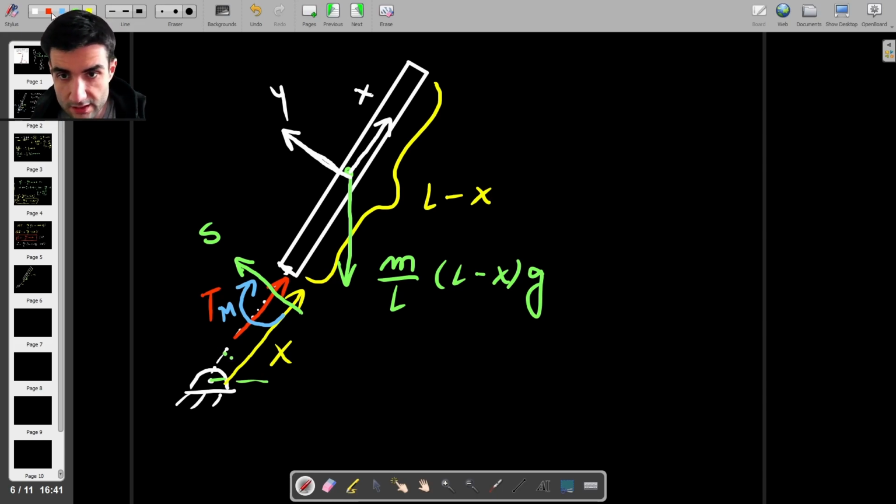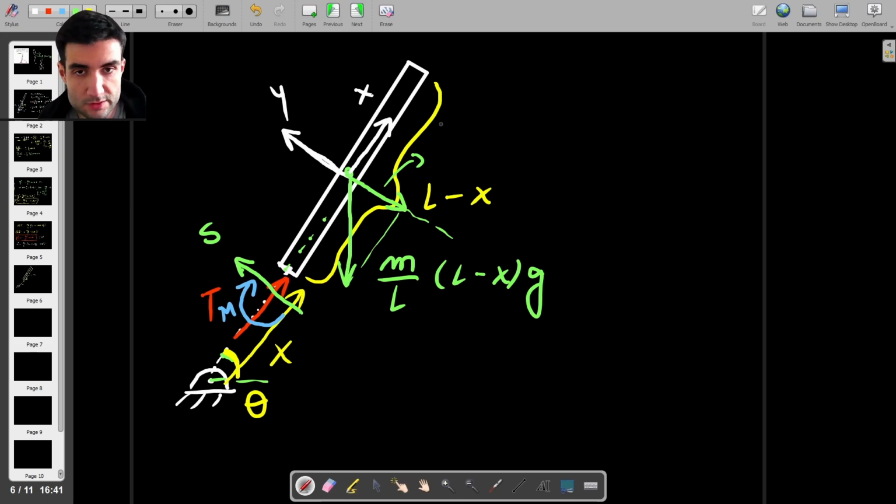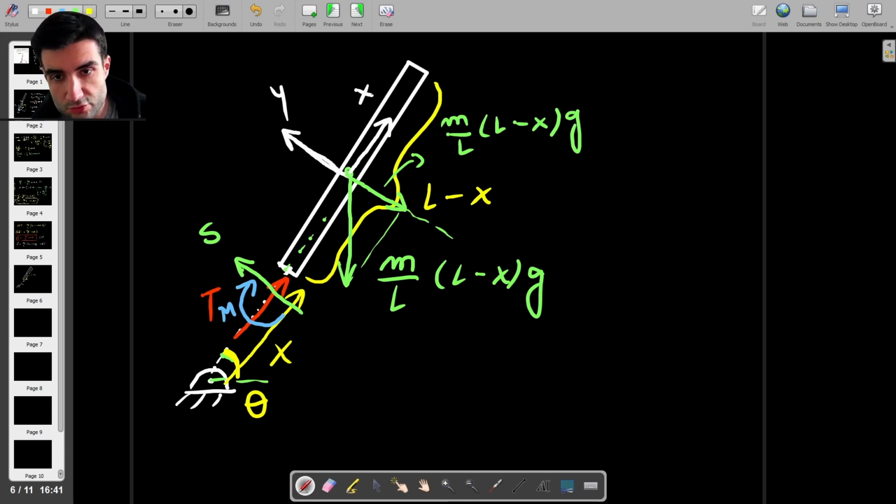So let's remember this angle here is what we called theta. This angle is theta, which means that we can find the components of this. So this component is going to be m over L, L minus x, g, and this angle should be equal to this angle.